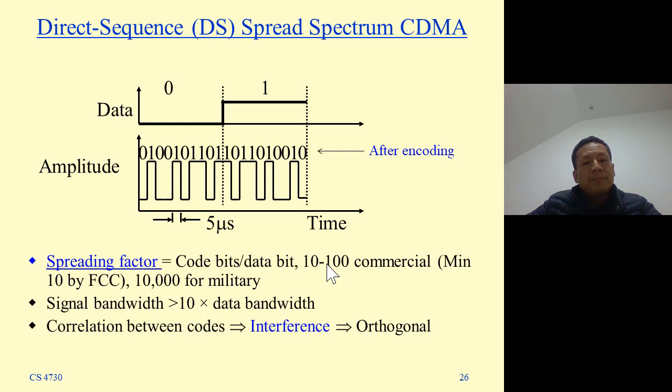For militaries, if you are willing to pay the price, you can do like 10,000 spreading factors, which means for each bit you send out, you send 10,000 bits to represent that data bit. Kind of a lot of redundant information. So you may be wondering why we need this.